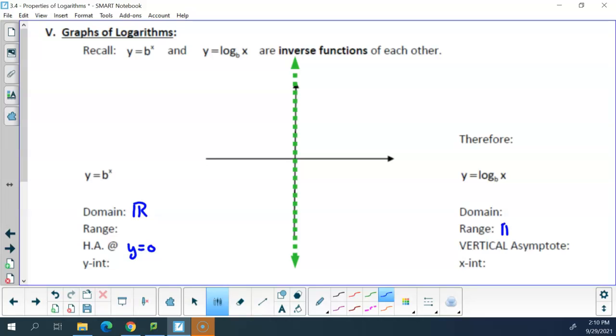So then this would be all real numbers. X becomes y, y becomes x. So if we have a horizontal asymptote at y equals 0, that means we're going to have a vertical asymptote at x equals 0.